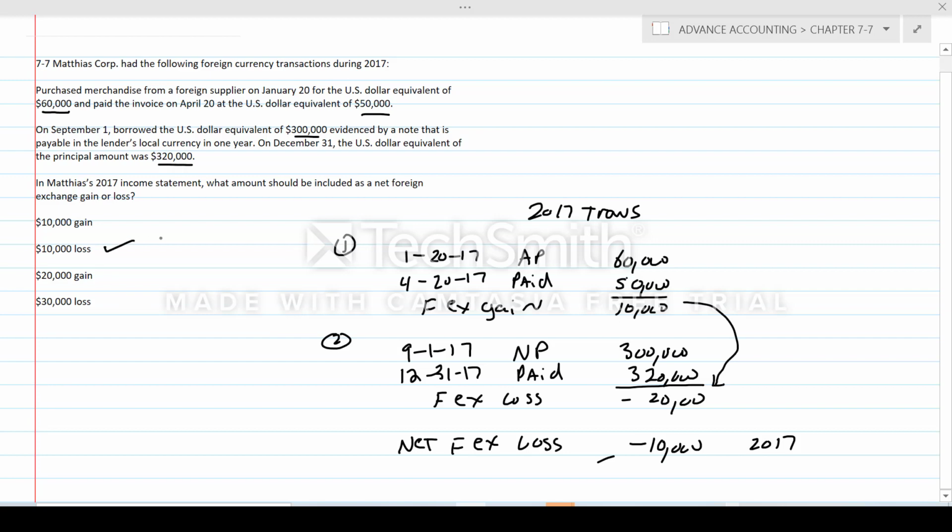So here's your answer there. I hope that helps in following how you compute a foreign exchange gain or loss and the concept behind it.